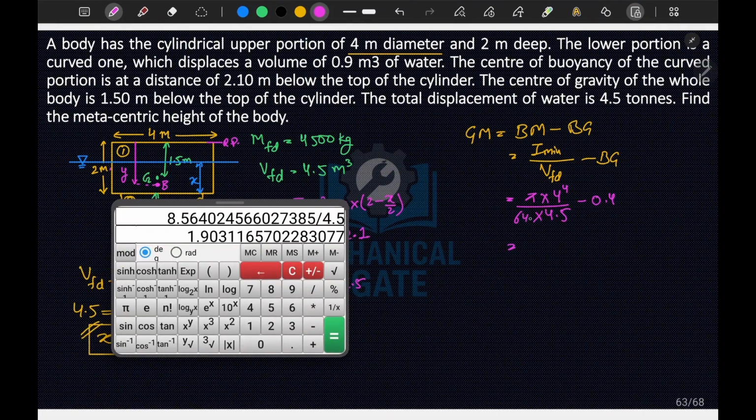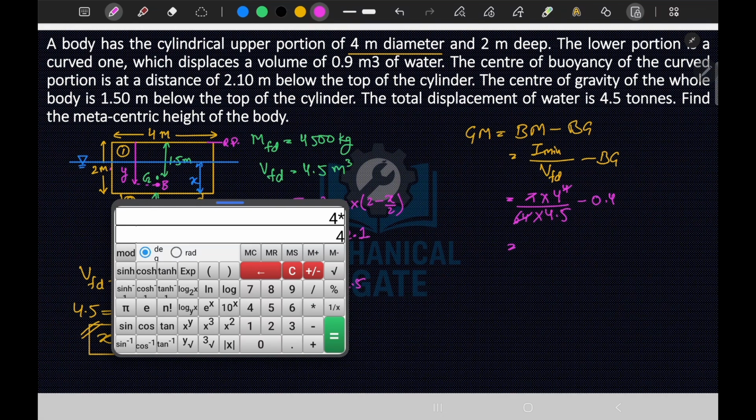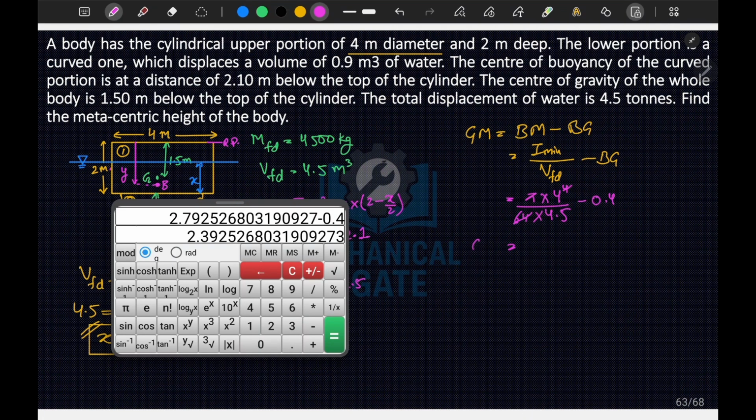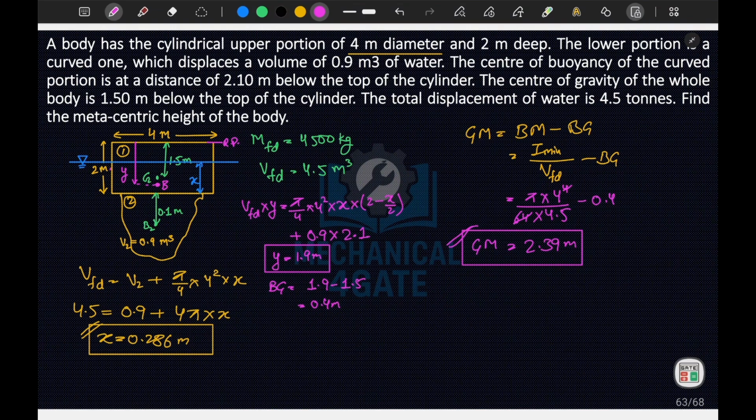If you solve this, the 4 4 16 4 will cancel out, so it will be 4 into pi divided by 4.5 minus 0.4. So we have obtained GM is equal to 2.39 meters. So this is the solution of the question. I hope you get this.